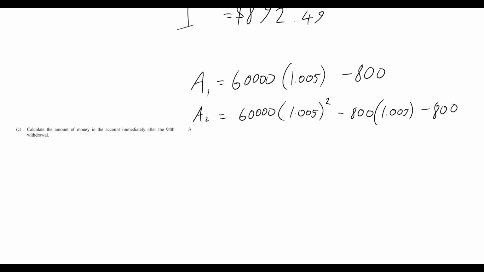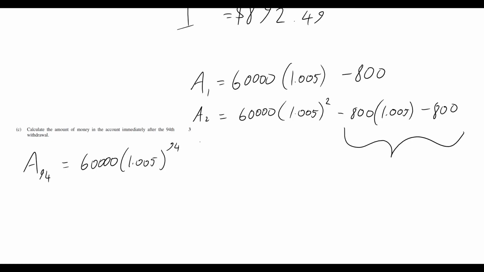So we're starting to develop a bit of a pattern here. This will essentially boil down to a geometric progression. So we can now say that A sub 94 is equal to 60,000 times 1.005 to the power of 94, minus 800 times (1.005 to the power of 94 minus 1) over (1.005 minus 1).